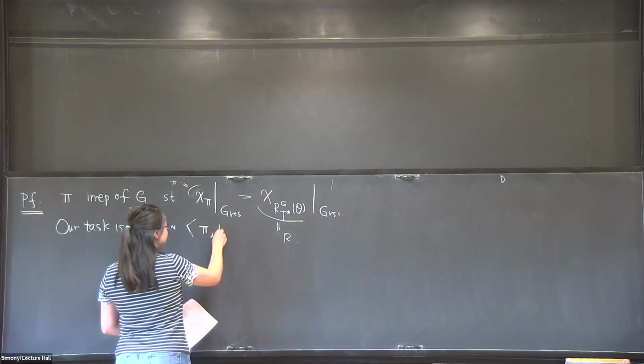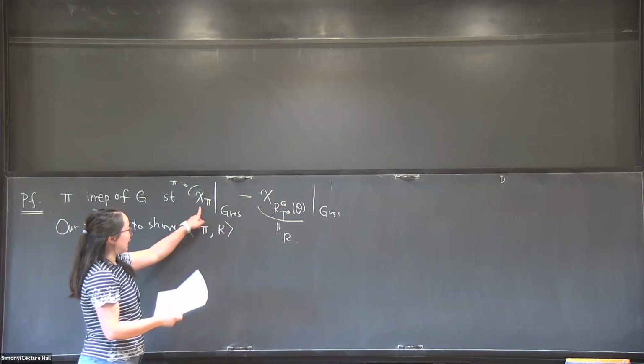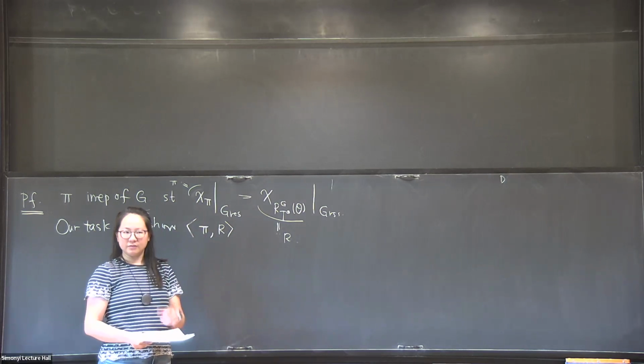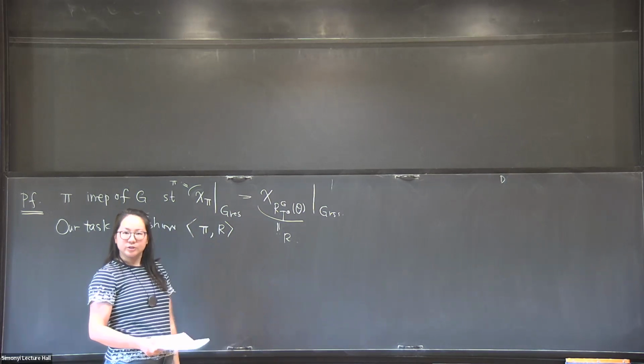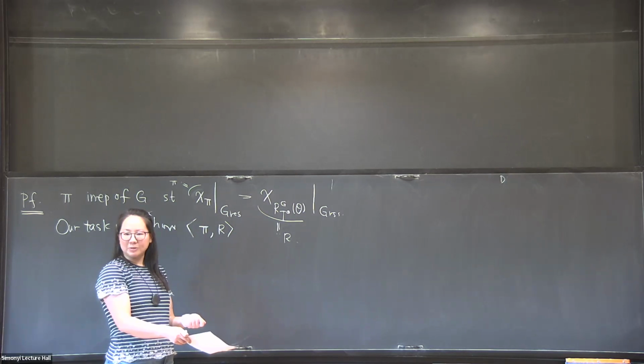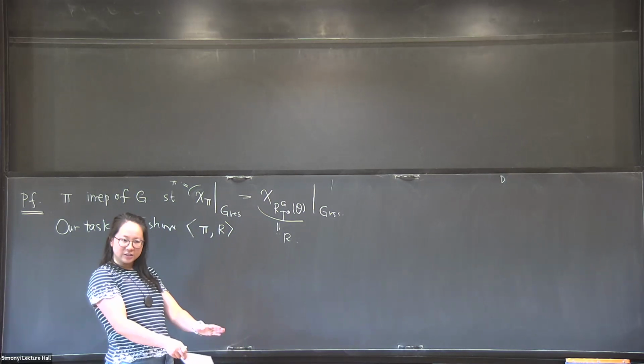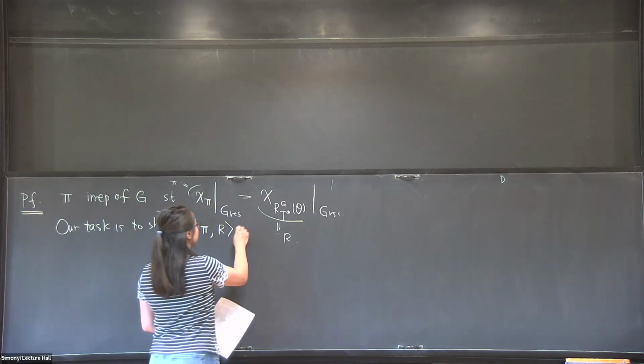So our task is to show that the inner product of pi and R is equal to 1, because we had that theorem from Tuesday that if I have two irreducible representations, the inner product is either 1 if they're isomorphic or 0 if they're not isomorphic. So this is our task.